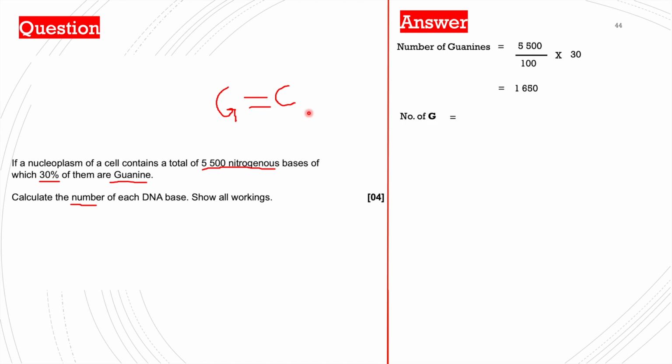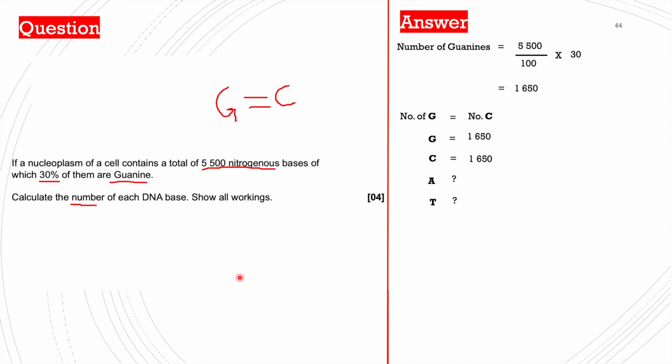Okay, so the number of G equals the number of C. Therefore, if G equals 1,650, then C also equals 1,650. So we are left with two nitrogenous bases, because remember from the question, we need to calculate how many of each nitrogenous base. We are left with adenine, which is unknown, and thymine, which is also unknown.